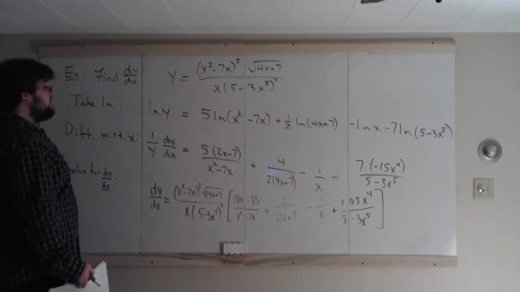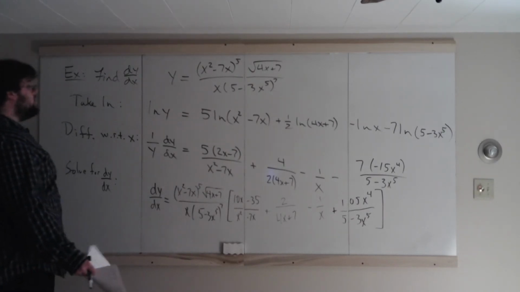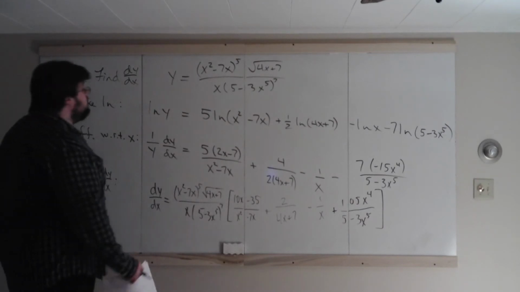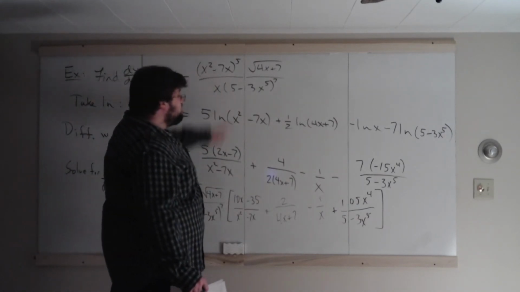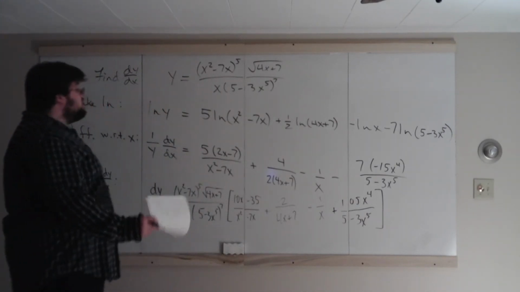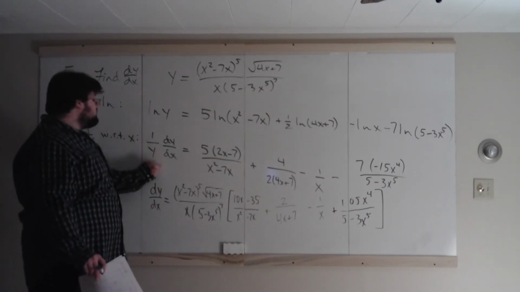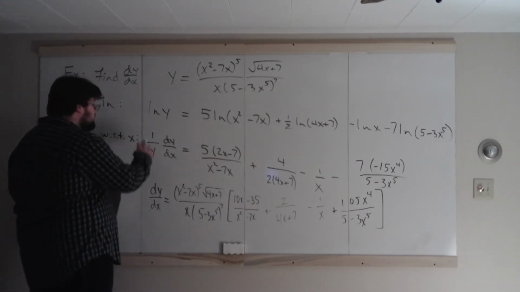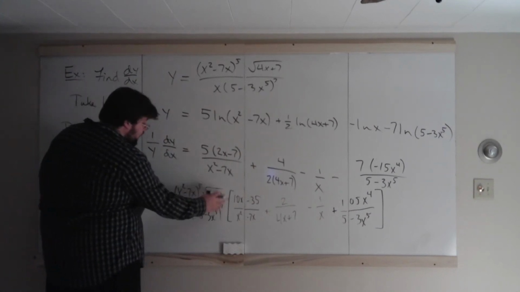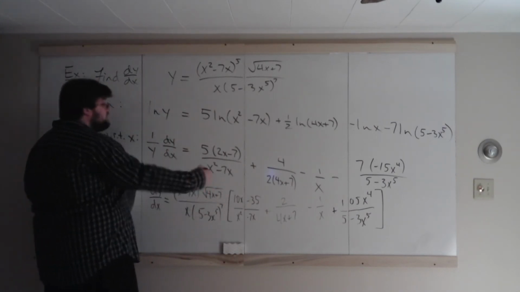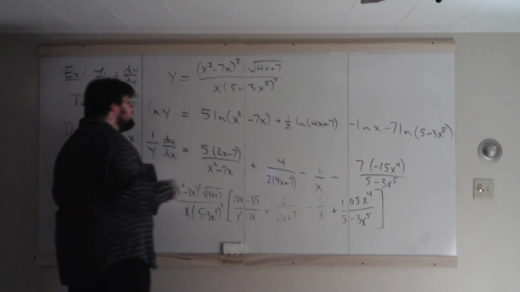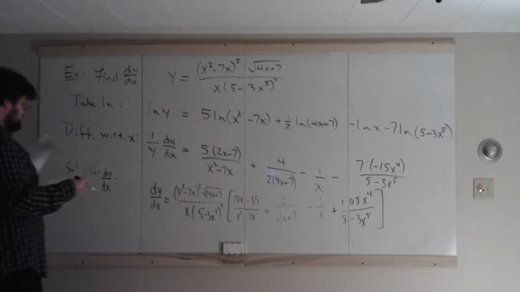So what we did here, we used logarithms to our advantage. We used the logarithm to crush that function up, and then we did the derivative of logarithms. But then we had to solve for dy/dx. dy/dx, multiply everything by y, equals y, which is all of this, times all of that with some simplification.